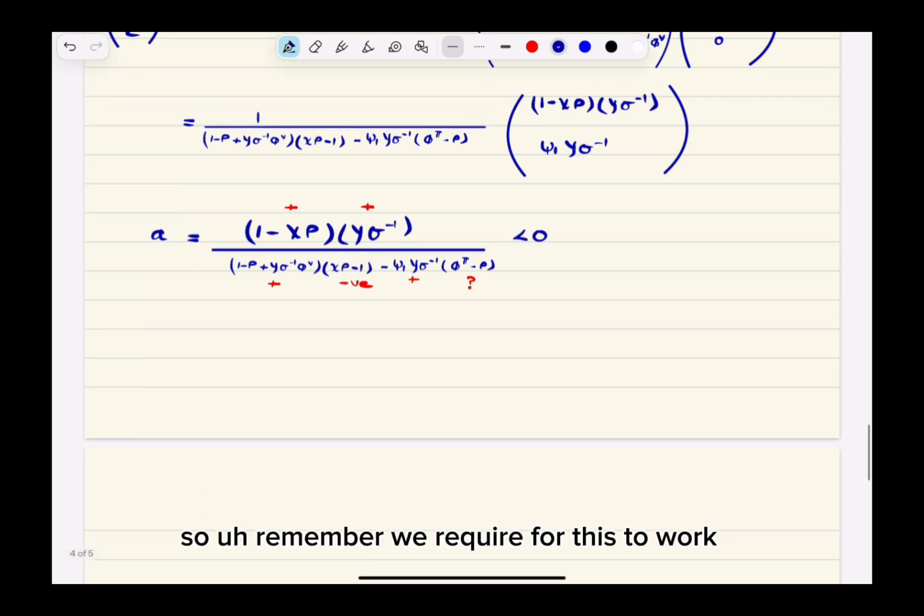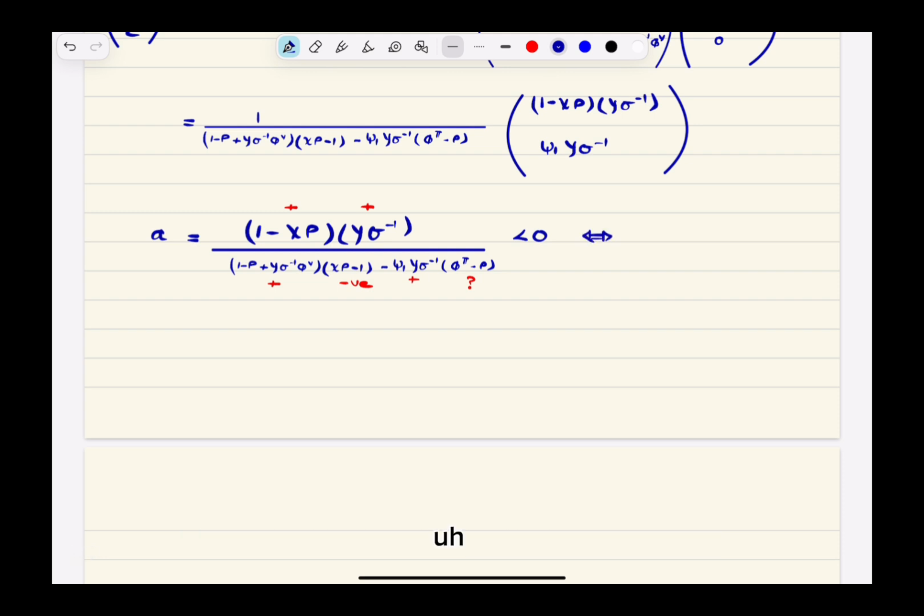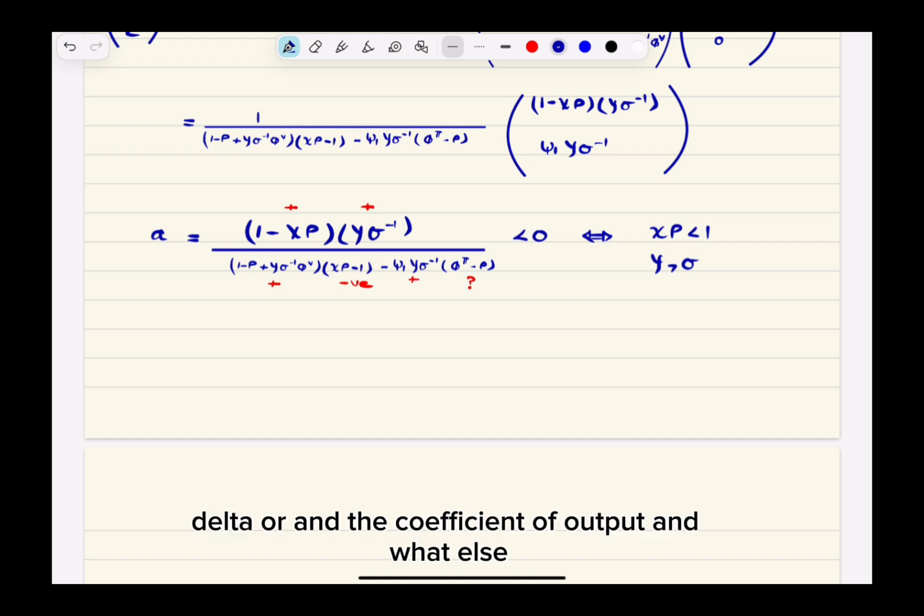So remember, we require for this to work x into rho to be less than 1, and gamma and delta and the coefficient of output, and what else?